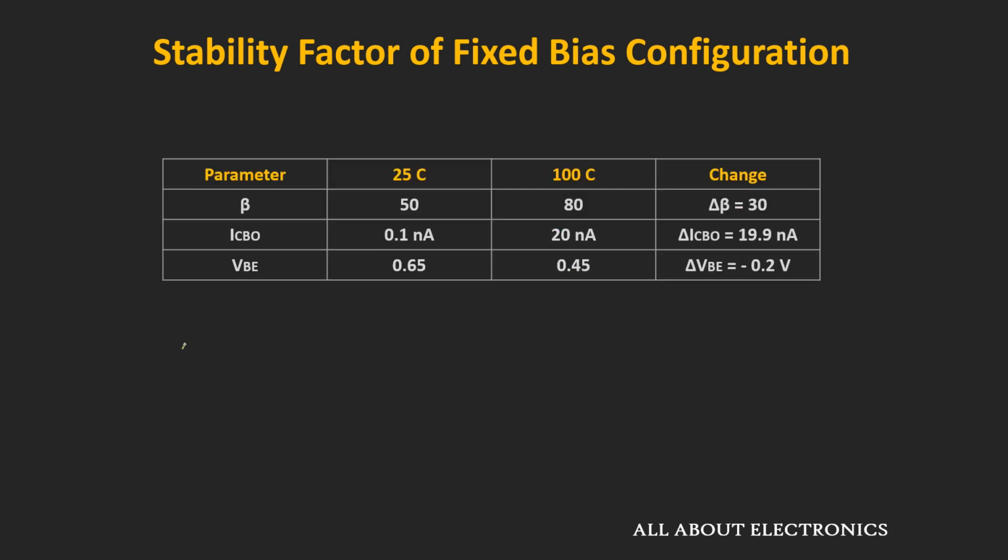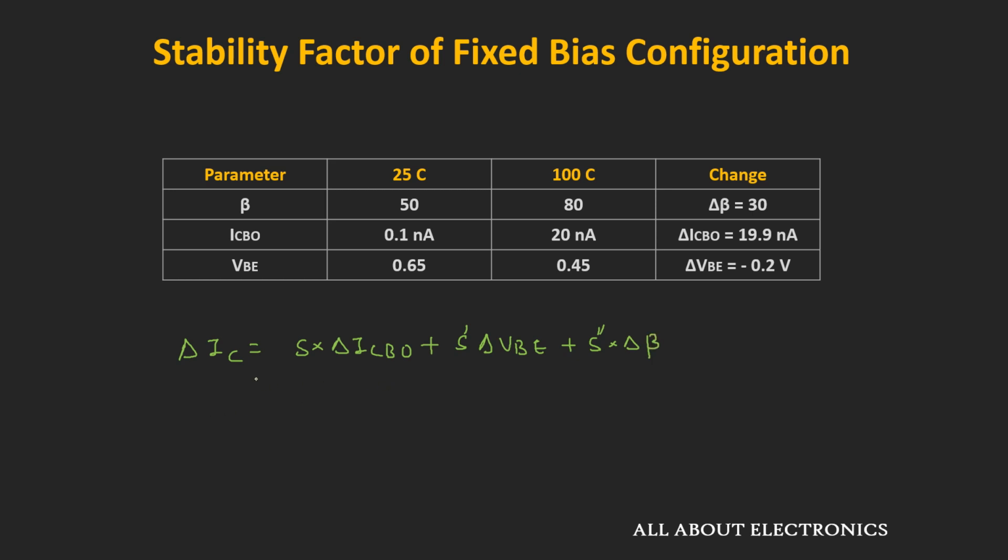So as I said, this delta IC can be written as S times delta ICBO plus S dash times delta VBE plus S double dash times delta beta.